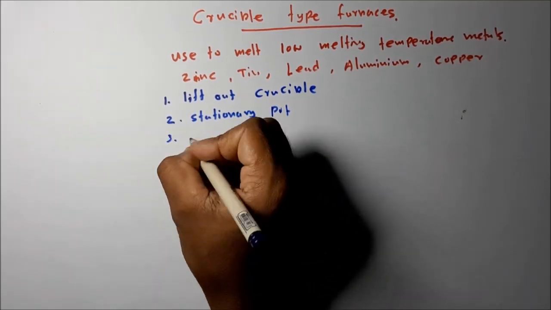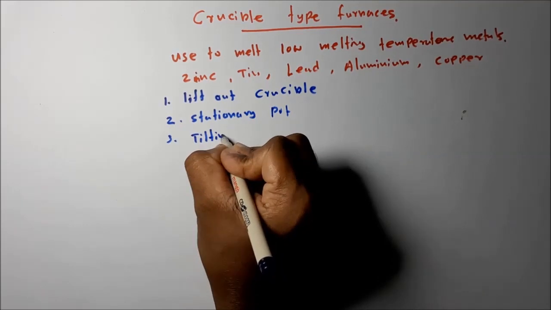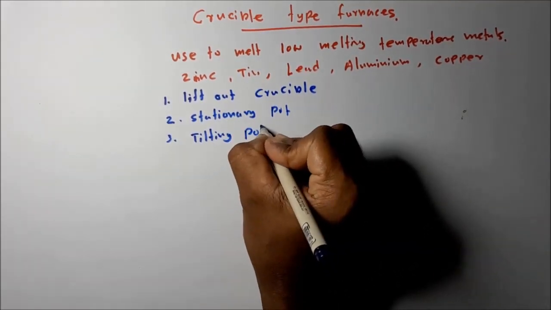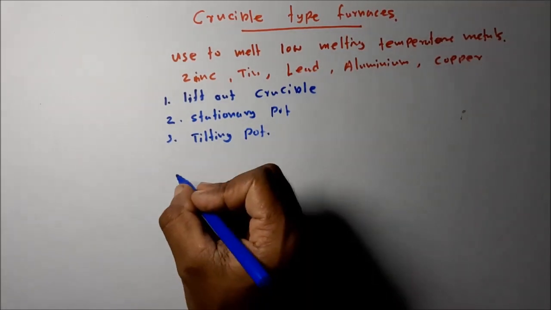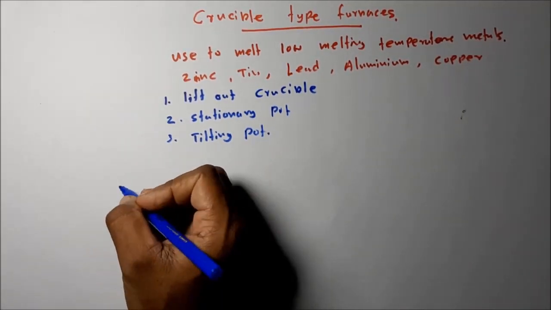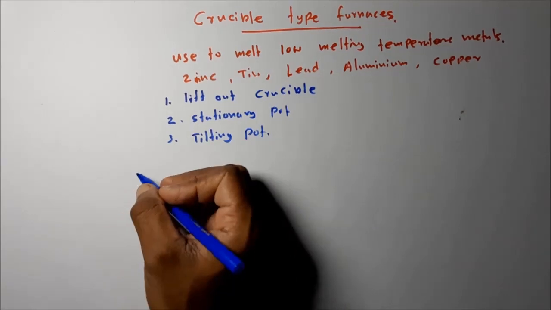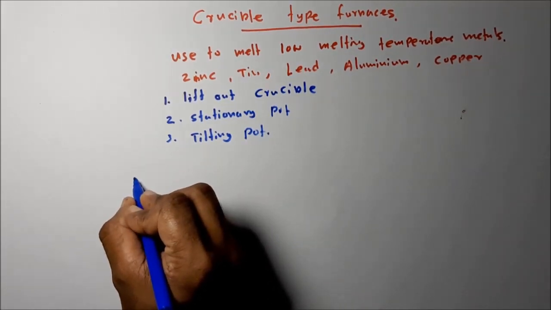Then the third type is the tilting pot type. Okay, three types of furnaces are there. So I will explain the lift out type, the first type.